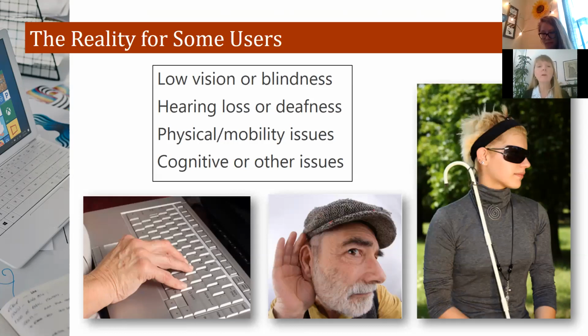And then there are other kinds of neurological or cognitive disabilities or issues that people might experience. And again, we can design our content to help people with a variety of issues in that area to be able to understand and use our content better.